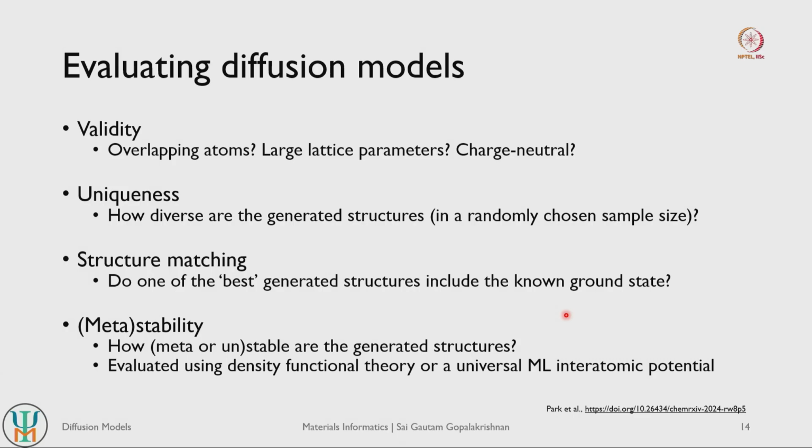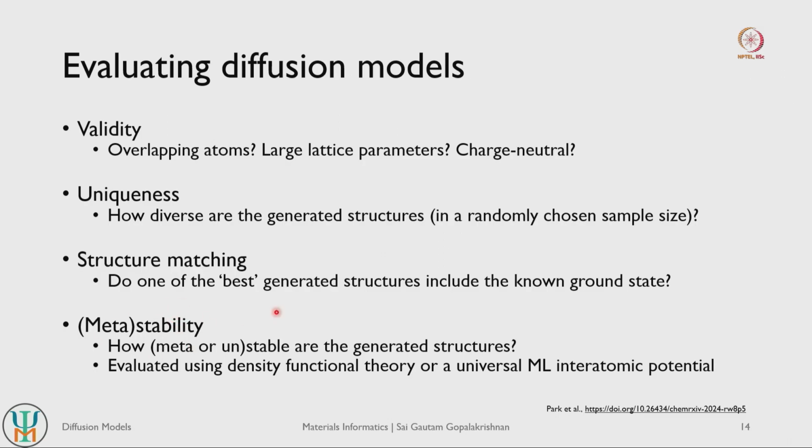So let us say you take MatterGen for example as a diffusion model, and you have a target composition of sodium chloride. MatterGen may generate 10 different structures; is at least one of those 10 basically the known ground state, which is the rock salt structure for sodium chloride? That is a question that we can ask, especially when we have good amounts of label data: whether the structure being generated actually matches with some of the ground states that we know.